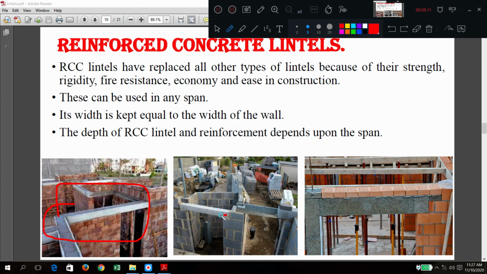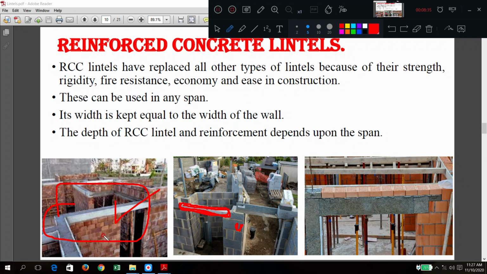I think this other one is a ready-made, precast lintel manufactured in a factory and assembled here, because this is a block construction. They generally use block-wise construction, and there they have taken a precast lintel. I hope it is now clear.